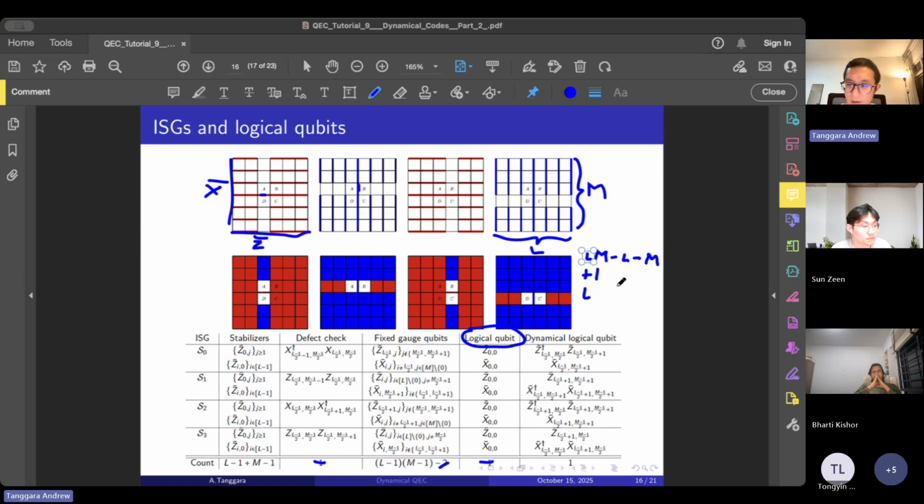So this is equal to L times M minus one, minus M minus one, right? So I'm gonna get L minus one plus M minus one, minus one.